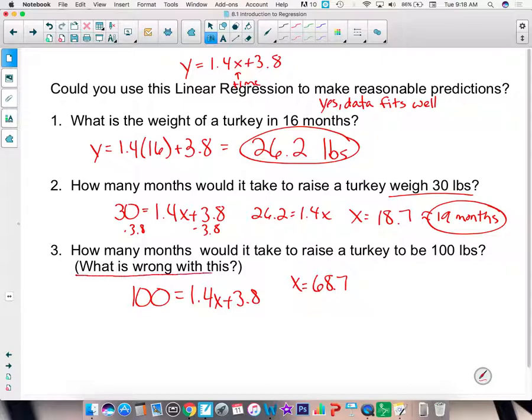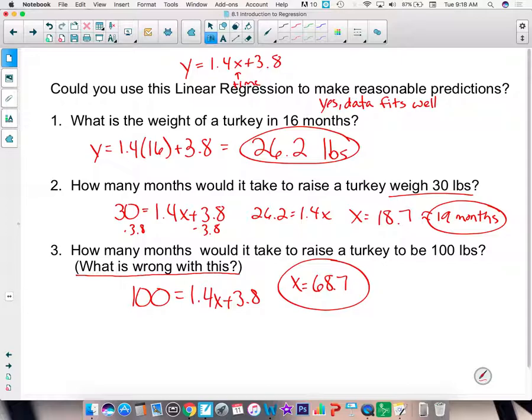Now, the question you ask yourself is, what's wrong with this? What's wrong with the data, or what's wrong with the question, really? Does it make sense? Are you going to have a turkey that's 100 pounds? Probably not. While with genetic modification in the future you might be able to get a 100-pound turkey, the other thing is that you got 68.7 months.